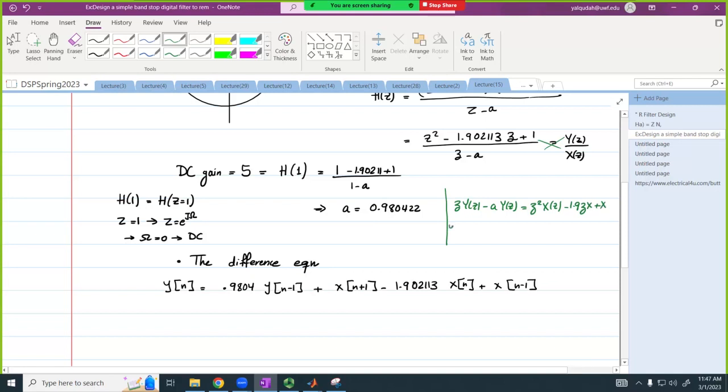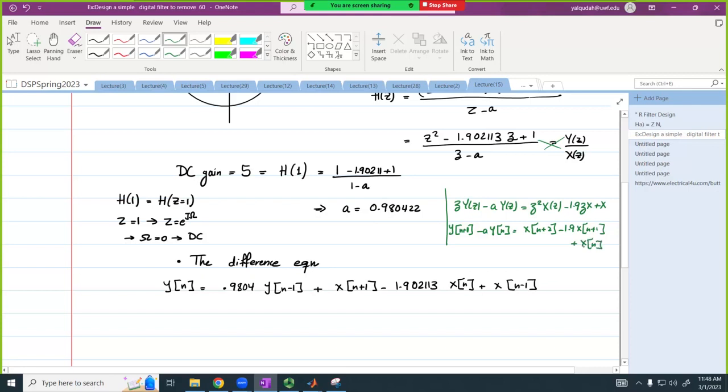And therefore, we're going to have y of n plus 1 minus a y of n equal to x of n plus 2 minus 1.9 x of n plus 1 plus x of n.